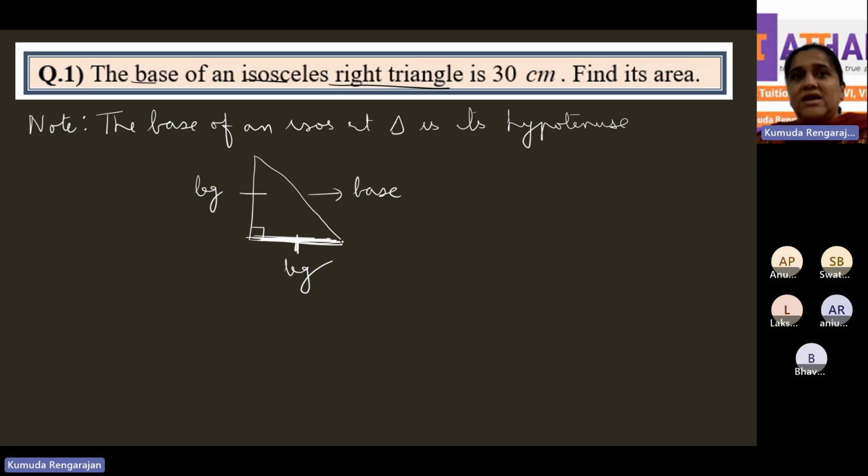But in a right isosceles triangle, the term base represents the hypotenuse only and not the legs. The legs are equal because it's isosceles, and the hypotenuse is the base. So the hypotenuse is 30 centimeters.